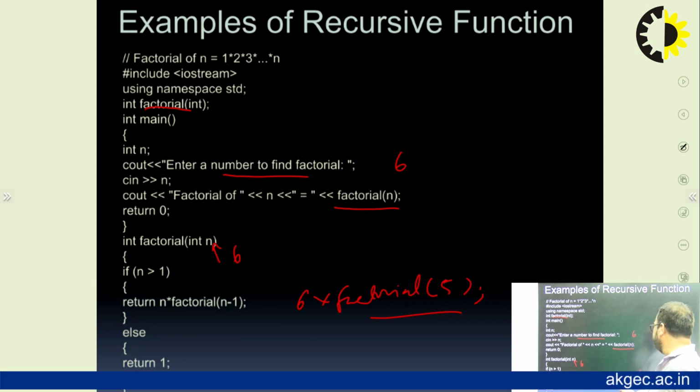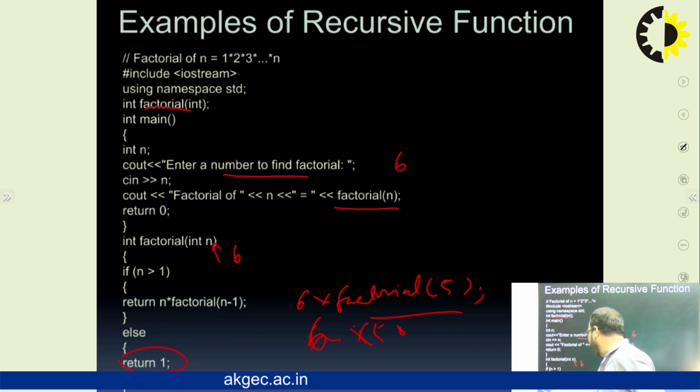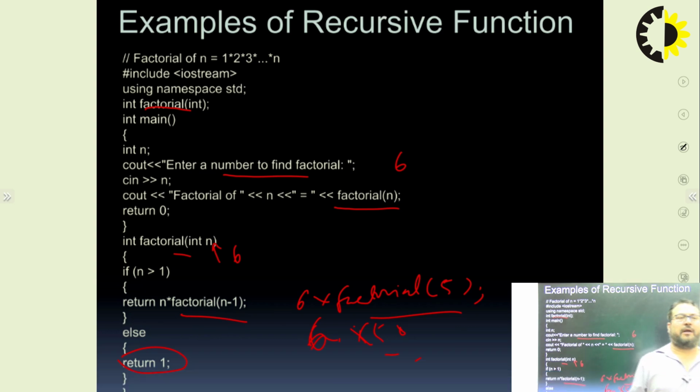Factorial 5 means 5 into factorial 4, and so on. Once it becomes 1, in that case it returns 1. So the final value will be 6 into 5 into 4 into 3 into 2 into 1, which is the factorial of 6. Here we have seen that factorial has been defined in terms of factorial. So this nature is called a recursive function.